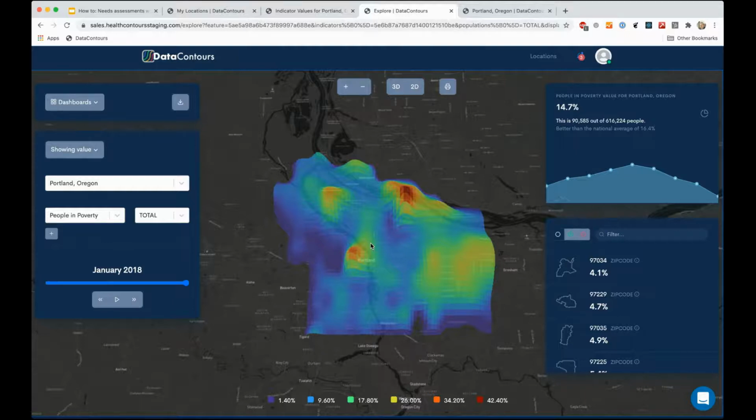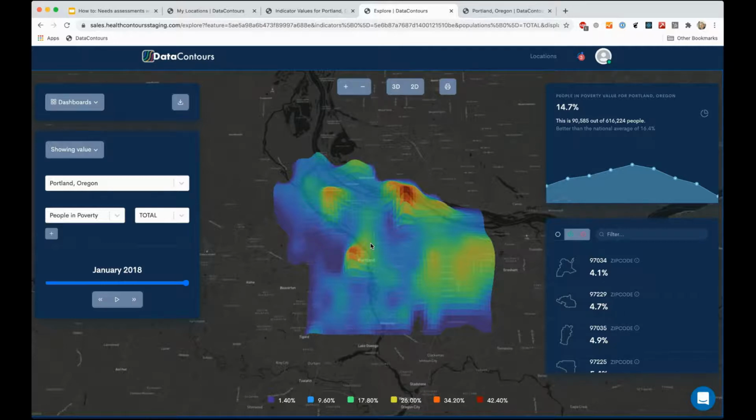So what we do is we use a really complex set of algorithms, and the reason we have to do all the data processing when you select an area is to work up and down using some different methods to create area level estimates for these particular indicators.